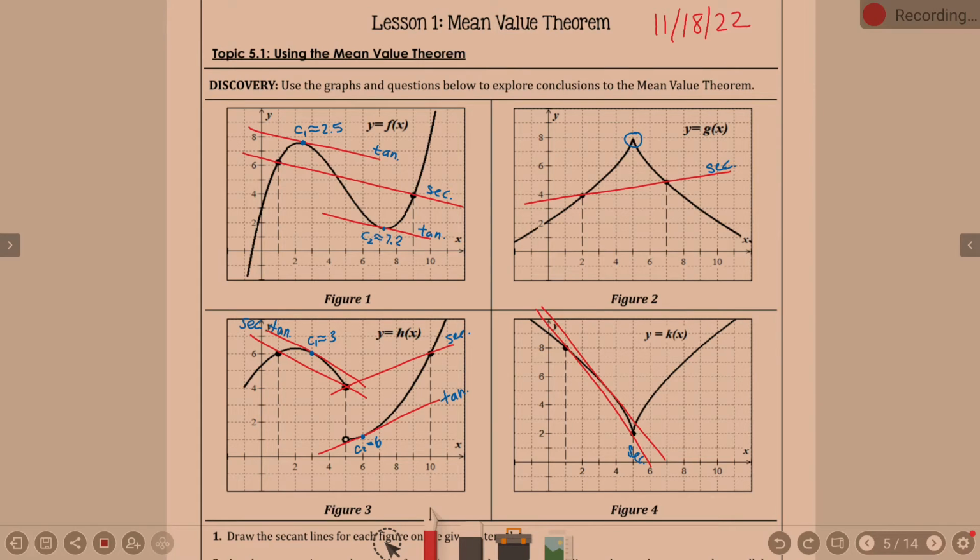I don't feel like mine really looks exactly like 4. I feel like mine looks more like 3.5-ish. But this is our tangent line. And honestly, we don't even use these numbers for anything, do we? So if yours looks like 3.5, you could use that if you want. I don't even think that's exactly 3.5, but that is my C value there. Got them? Now we're going to go answer some questions about them.